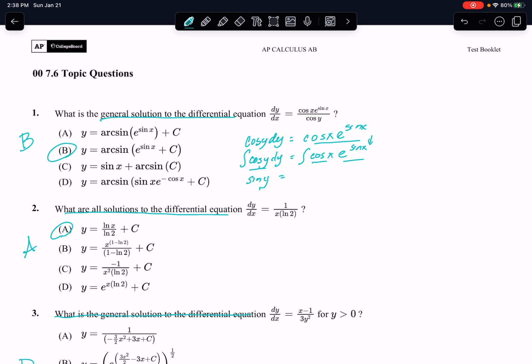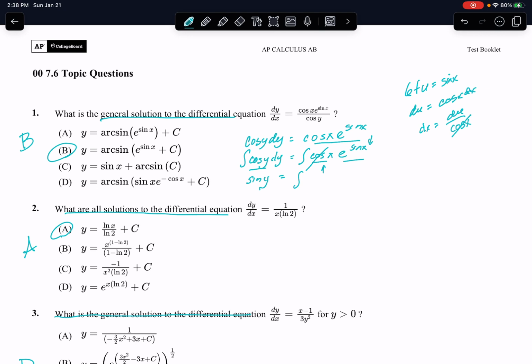And so I'm thinking if I make u sine x, then that would just be e to the u if I can get rid of this cosine. So we're going to try let u equal sine x. So du would be cosine x dx. So you can see we're going to get rid of that. So dx would be du over cosine x. So I sure enough get rid of my cosine x.